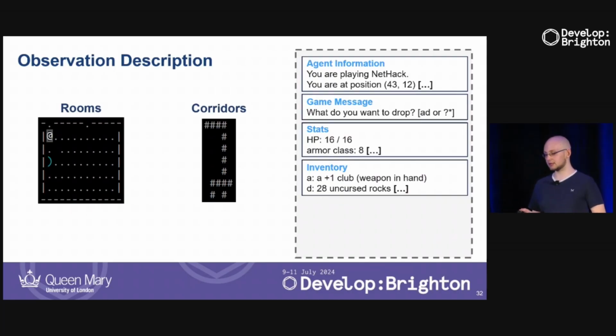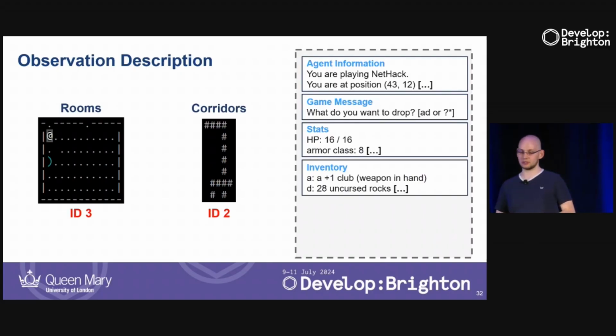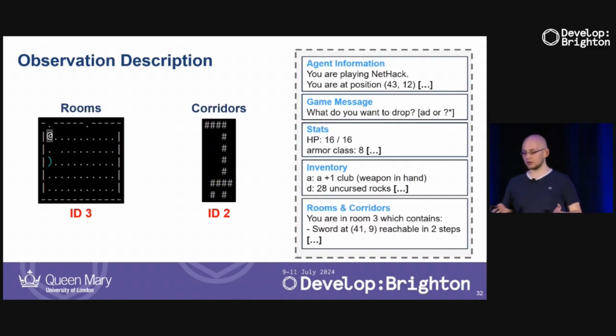So in this case, I've decided we're going to split the map into rooms and corridors, because it's mostly rooms and corridors, and I'm going to assign a unique ID to every room and corridor. And then the large language model just gets its input: maybe you're in room 3 at the moment and it contains these items, right? You're in room 3 and it contains a sword at this position and you can reach it in this many steps.